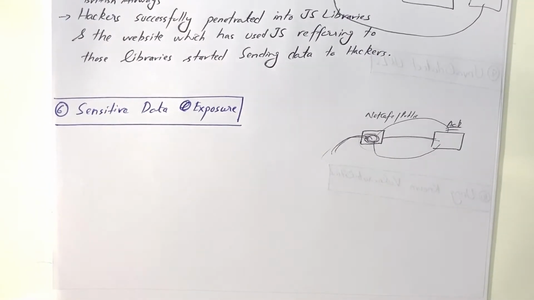This is called sensitive data exposure. When you log into a website, it stores some sensitive data inside the cache and the RAM as well, which can be problematic if you have accessed your bank account or another sensitive account using a public computer.